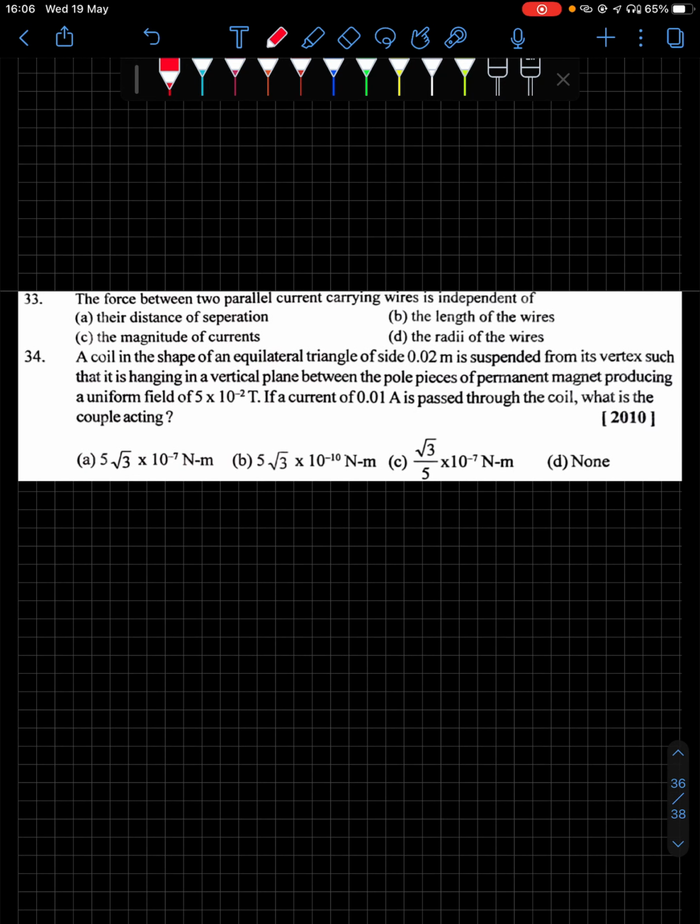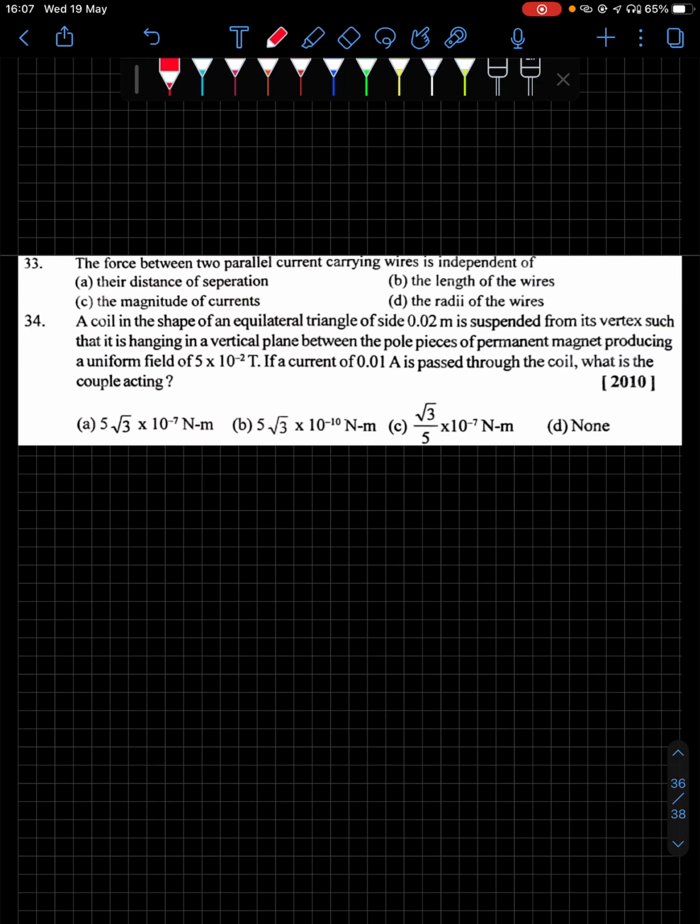Next, question number 33. Method doesn't matter, you can do it in your own way also. Question 33: force between two parallel current carrying wires is independent of. Now you see, that was actually force per unit length, the relation that we have derived.